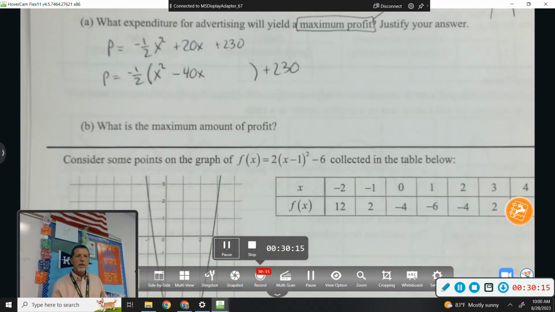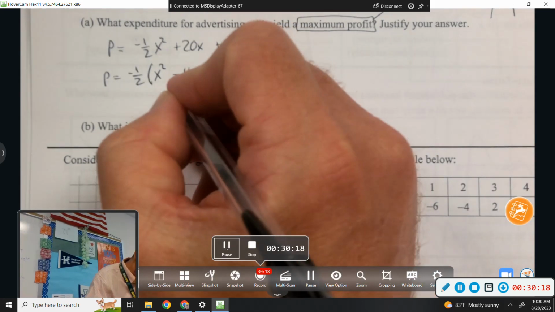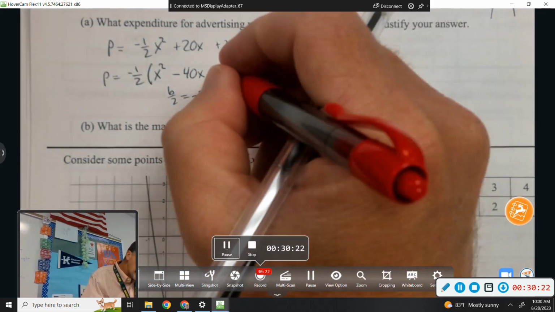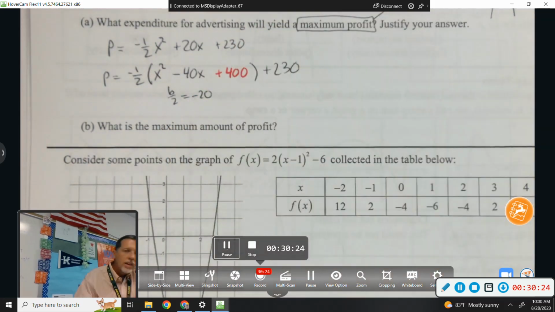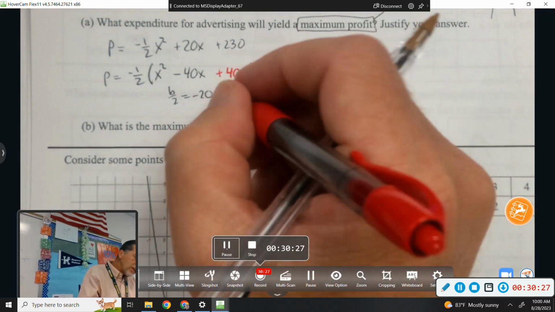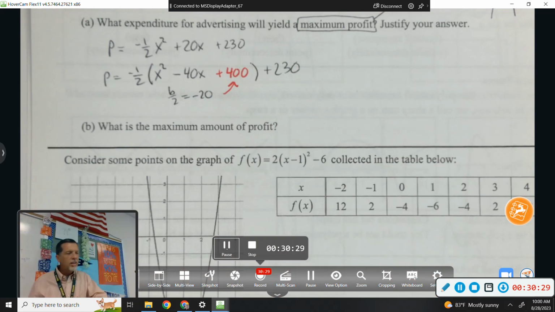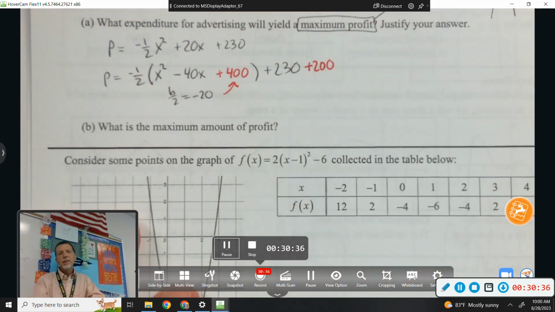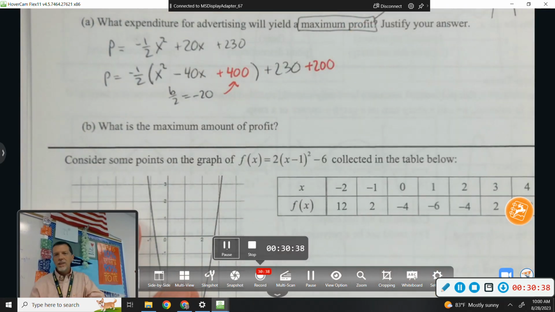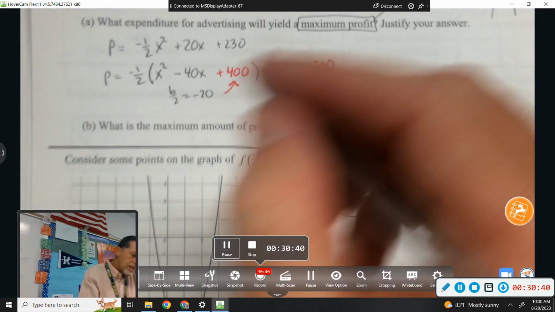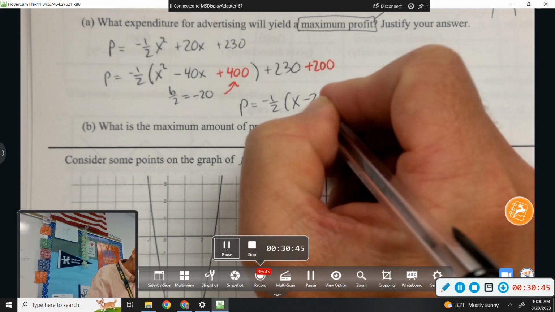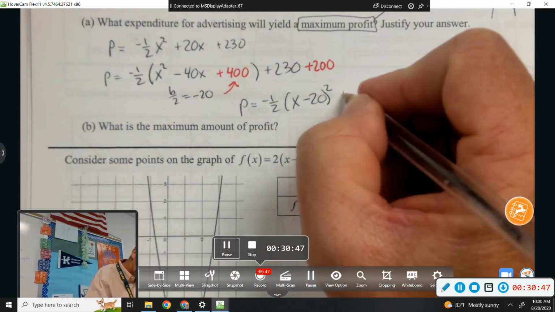And then I can do my half of b is negative 20. I square that, that's 400. So I write plus 400, but I didn't really add 400. Instead, I subtracted 200, so now I need to add 200. So p is negative 1/2 (x minus 20) squared plus 430.